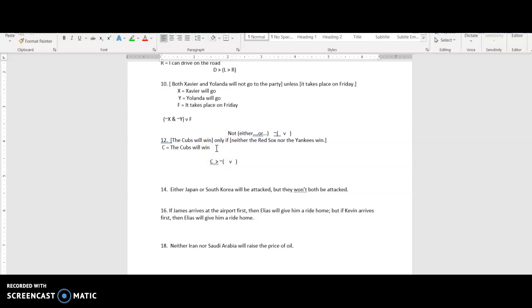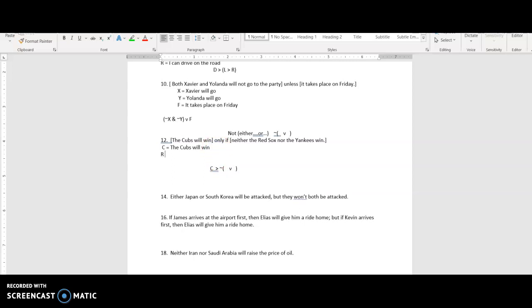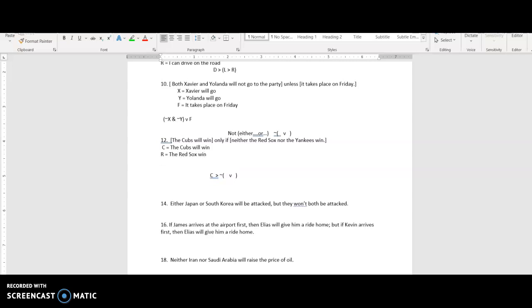All right, what's our first disjunct? The Red Sox win. Okay, so R equals the Red Sox win, and Y equals the Yankees win.